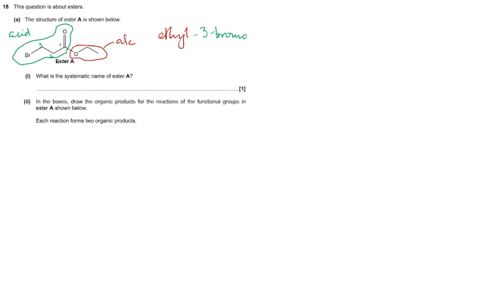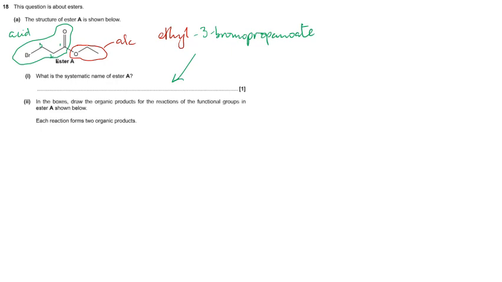And then we said we had 3 carbons, so it's going to be propanoic acid, propanoate. So ethyl 3-bromopropanoate is the name of that, and you write that down there for the mark.